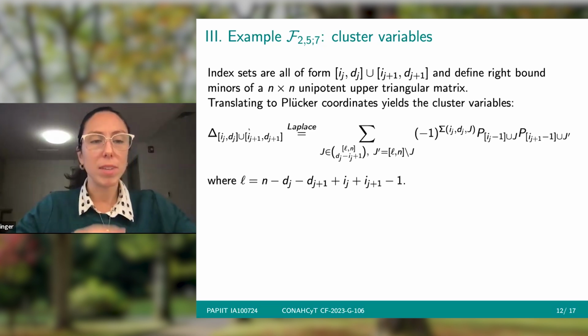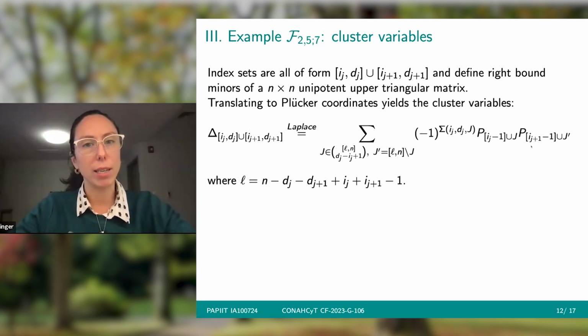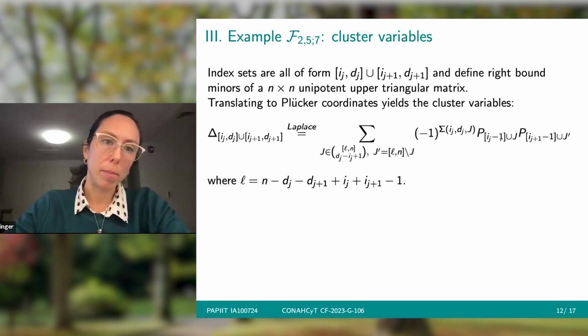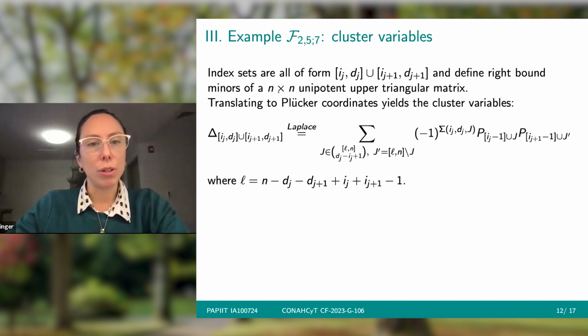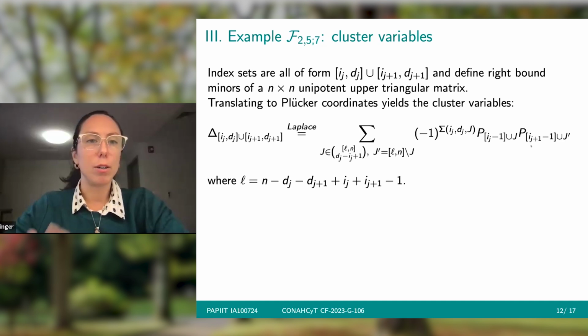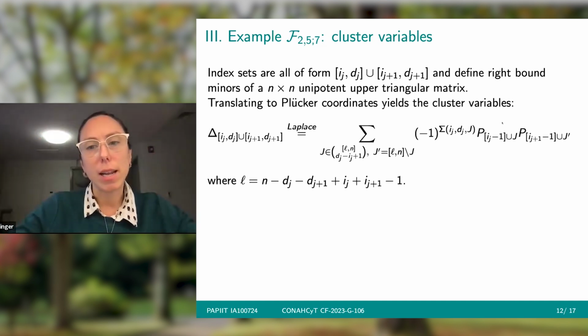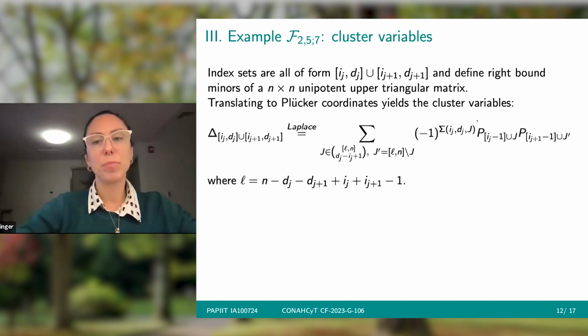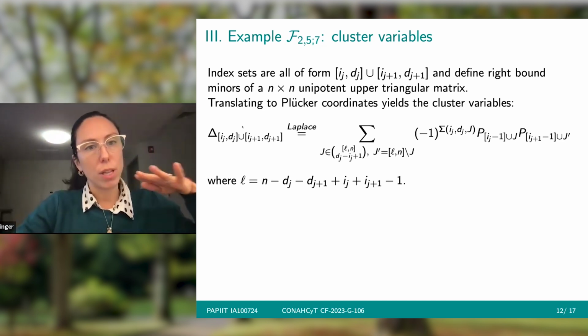So all these minors, in general, such a minor will have a quadratic expression in Plücker coordinates. And here I understand the Plücker coordinates also as minors on this n by n unipotent triangular matrix, just that they are top bound. So here the index set in the Plücker, remember that was a column set on the matrix, and this index set is a row set.